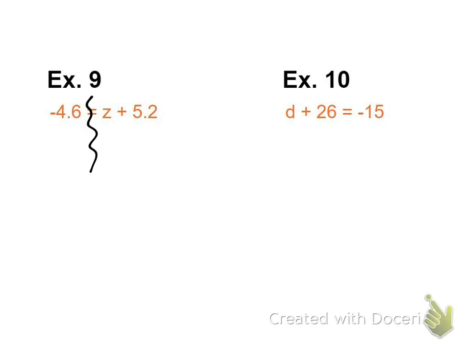Number 9. What do we get? Hunter? I think I disagree. Janiyah, what'd you get? Negative 9.8 sounds better to me. We would have to do what to both sides? Just subtract 5.2.